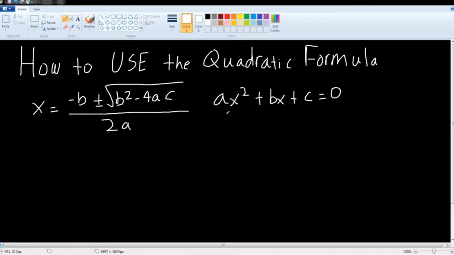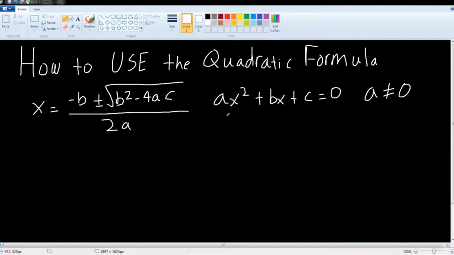So now you're probably asking me, okay, I see the a, b, and c. Yes, the a, b, and c are coefficients of the quadratic equation. One thing you do have to take into account is that a can never be 0. Why? Because if a is 0, this is no longer a quadratic equation.